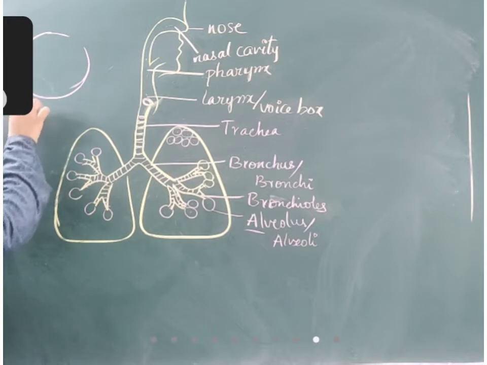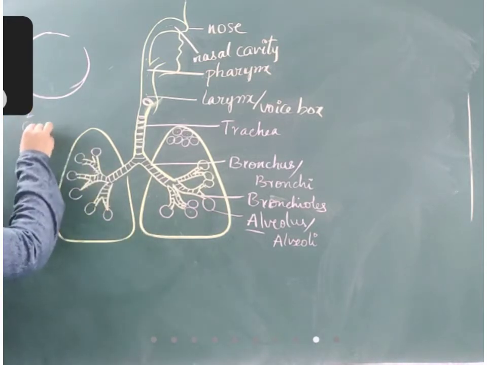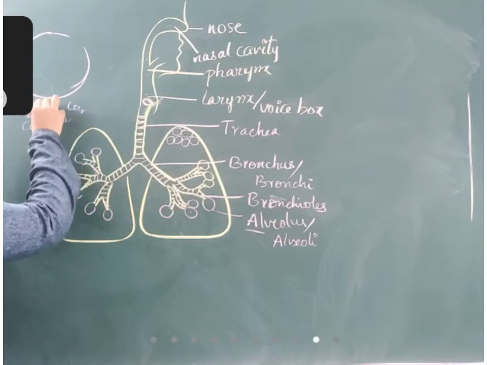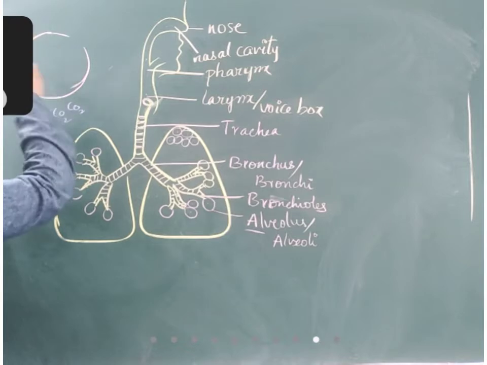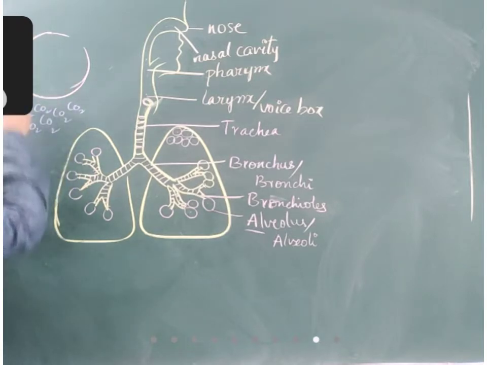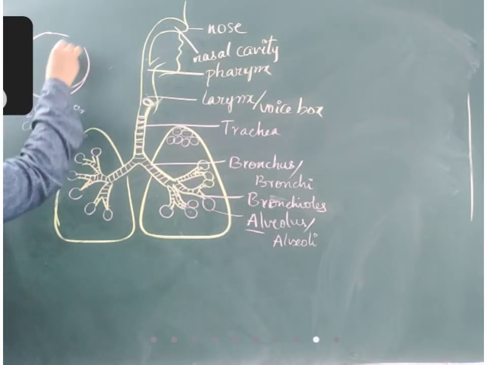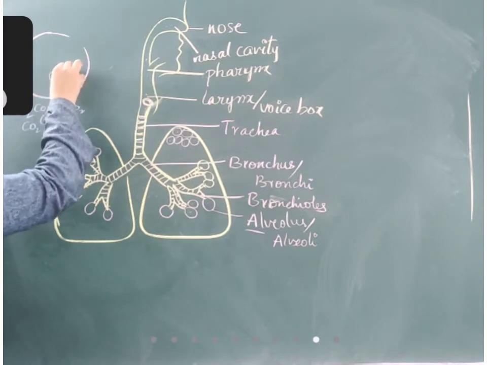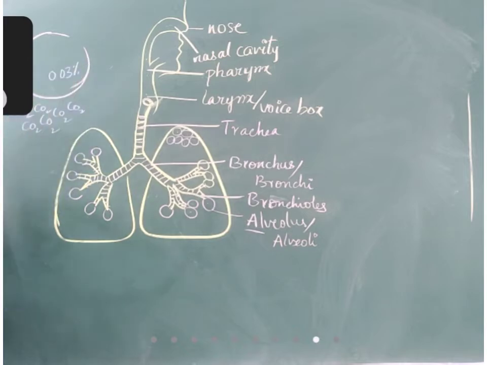For each glucose molecule, 6 carbon dioxide molecules are produced. So here in our body cells, carbon dioxide increases. The concentration of carbon dioxide in the air coming into our body is 0.03%. The concentration of carbon dioxide in body cells is 4.4%.